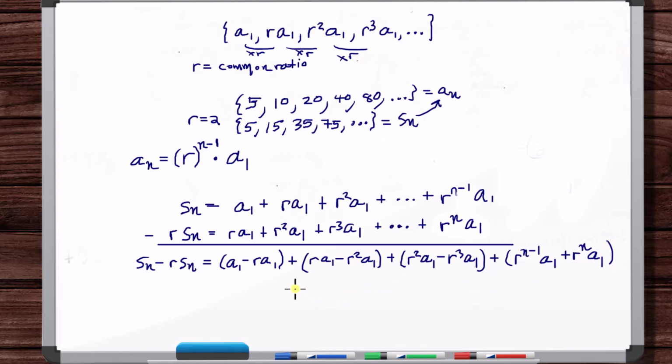Okay, so now what happens is, if you look, you can just take off all of these parentheses, right? Because you're just adding each time.